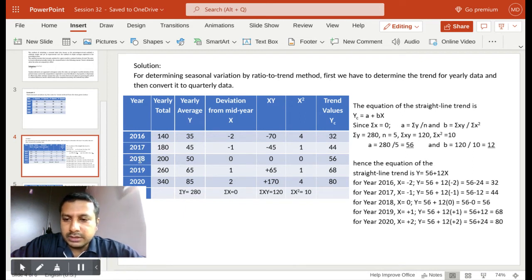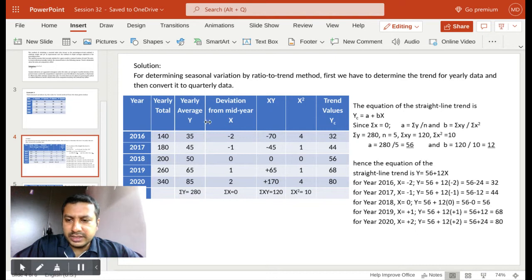Then from mid year 2018: 16 minus 18, you'll get minus 2. 17 minus 18, minus 1. 18 minus 18, 0. 19 minus 18, you'll get plus 1. 20 minus 18, 2. Total will be 0.